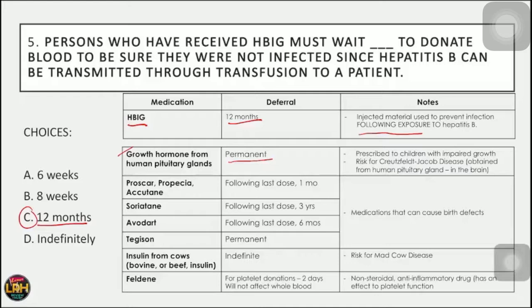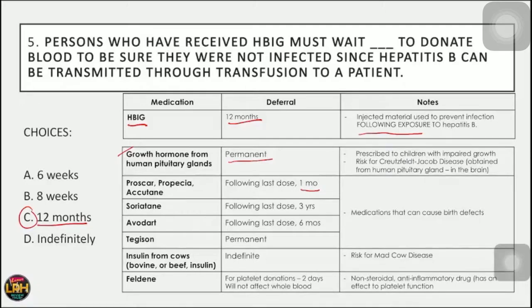Proscar, Propecia, Accutane, Soriatane, Avodart, Tegison, these are medications that can cause birth defects. Depending on the type of medication, for Proscar, Propecia, Accutane, following the last dose, the donor should be deferred for 1 month.